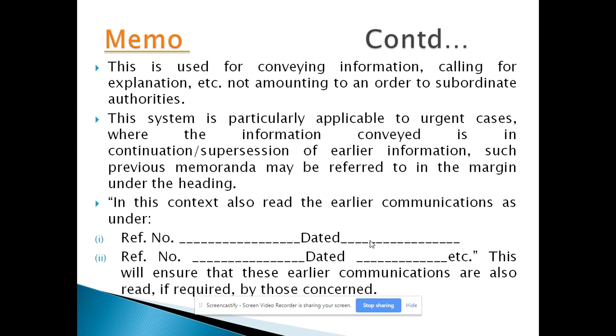Like if they have asked once and that explanation has not been received at the level of the higher authority, they may refer the number of the past memo, that on this particular date it has been asked from you to reply, and we did not receive. So why not take further disciplinary action against you? The memo is issued in that particular case.